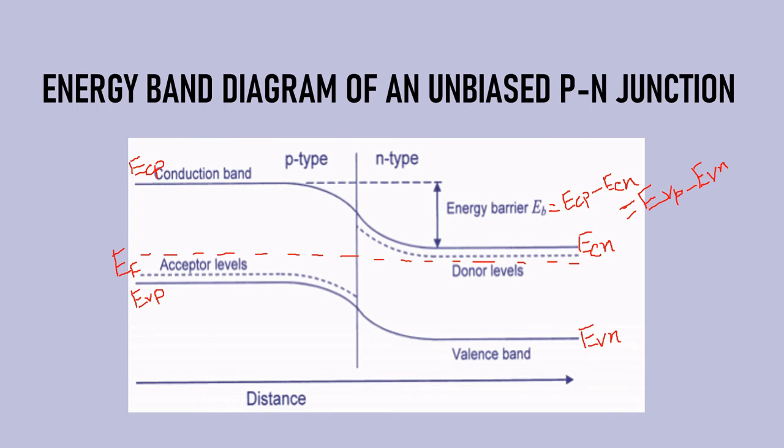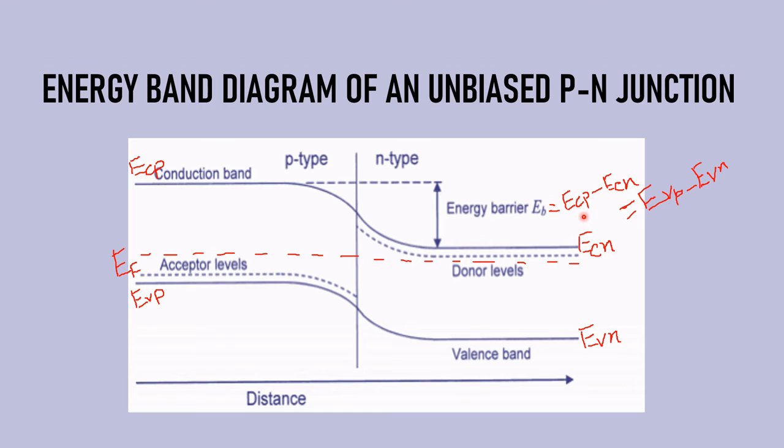Here EF attains a constant value and it lies near the valence band edge for P-type material, and in the N-type material it lies near the conduction band edge. The barrier energy is represented by EB, which is equal to ECP minus ECN, because the conduction band edge for P-type semiconductor is higher than the conduction band edge for N-type semiconductor.